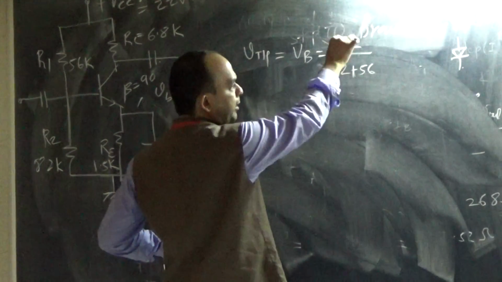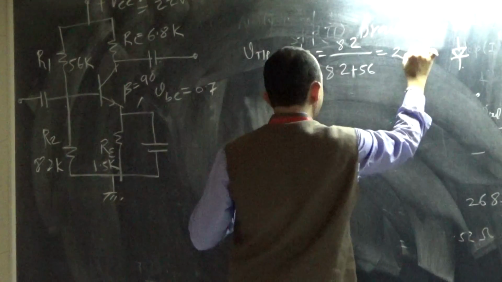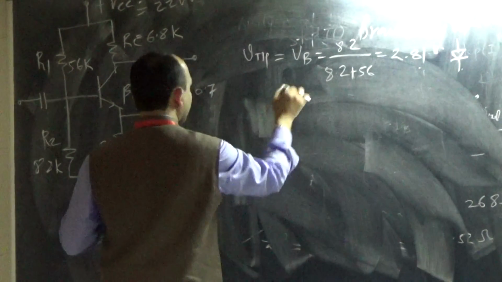I will not add K because both are K, kilo. So it means 2.81 volts. VB आ गया.